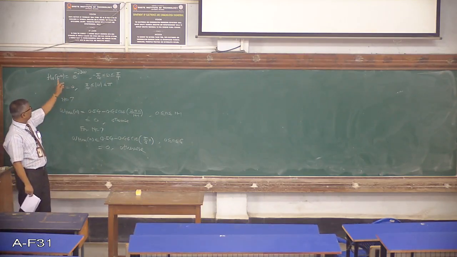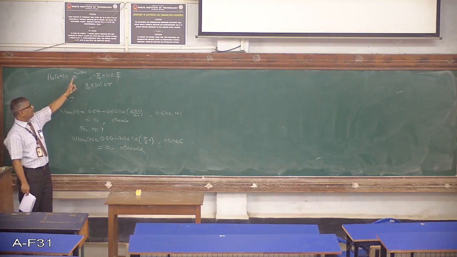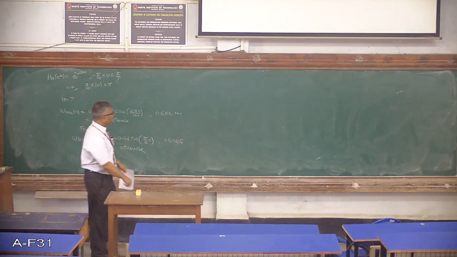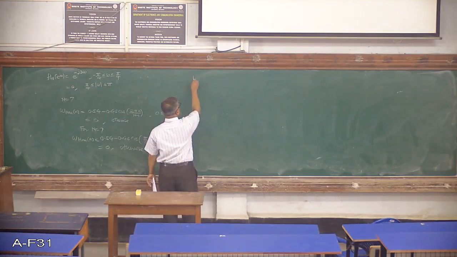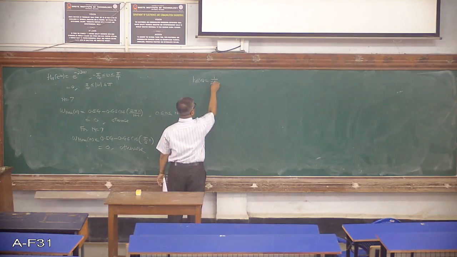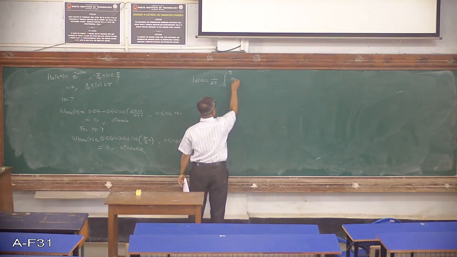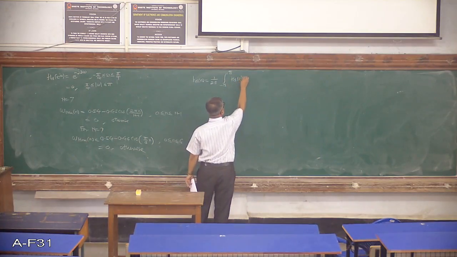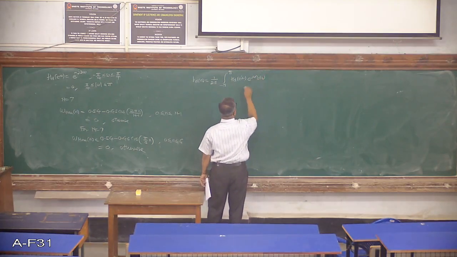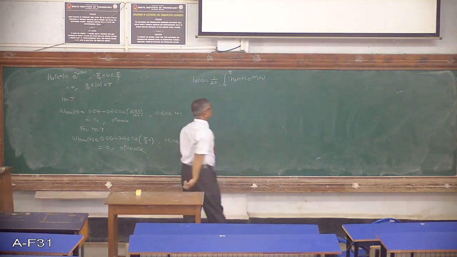He has given you the desired frequency response. We need to find the inverse DTFT of this to get HD of n. So the usual procedure you can follow. The impulse response of the desired IIR filter is this.